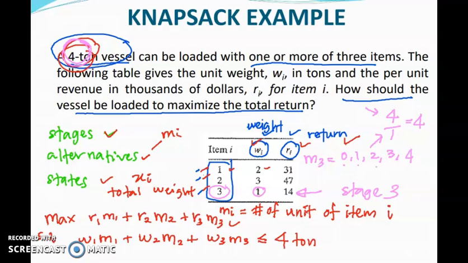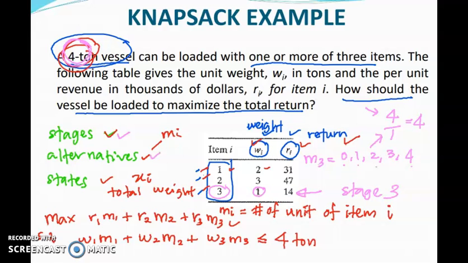The same goes for the values 2 and 3. And the last one, M3 equals 4, means that you put everything, all items referring to item number 3. So the stages refer to the items: item 1, item 2, item 3.